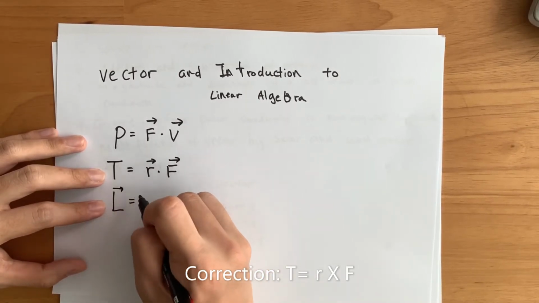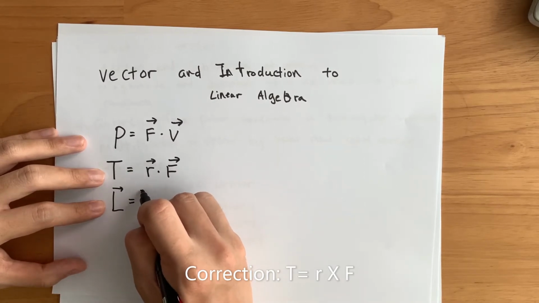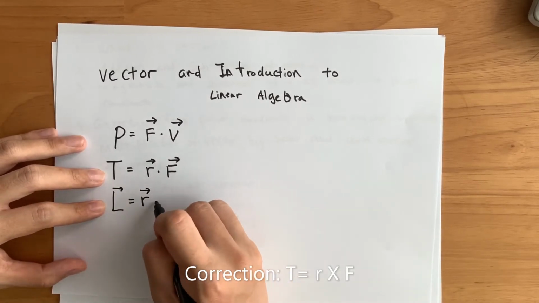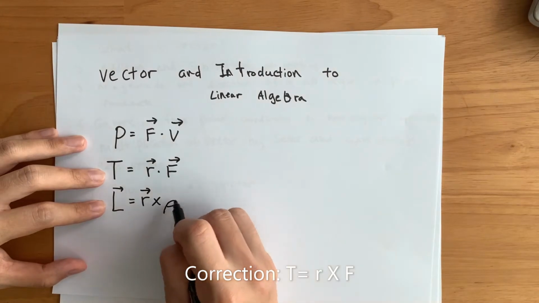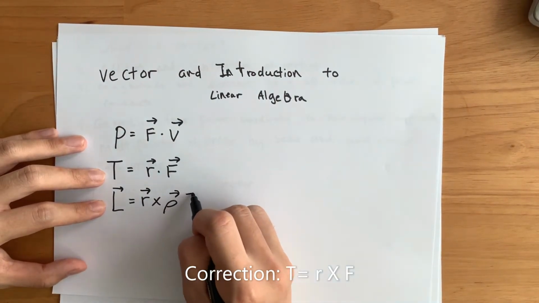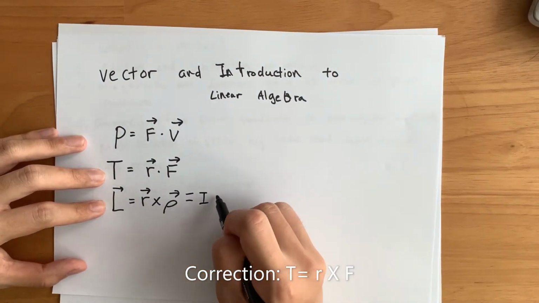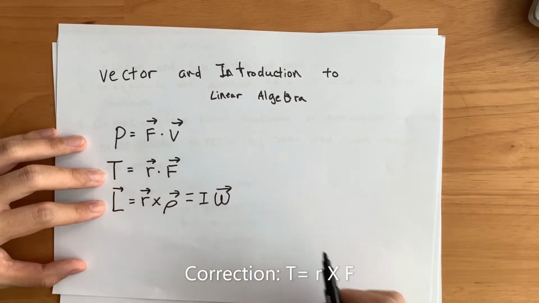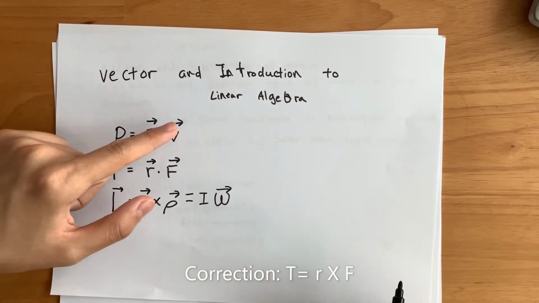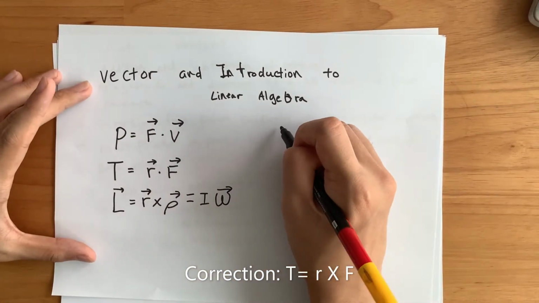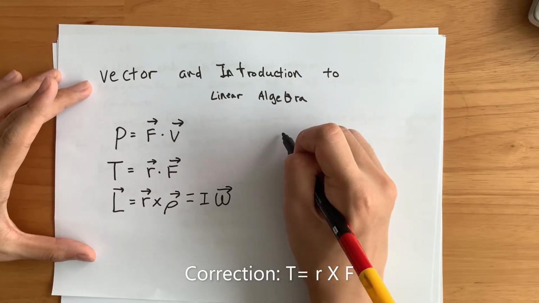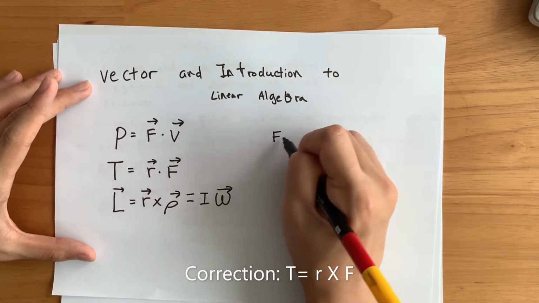So you need to know some basics. This is called momentum, or this can be represented as I omega. So you have these math notations, or if you go into electricity, you have a very famous law.